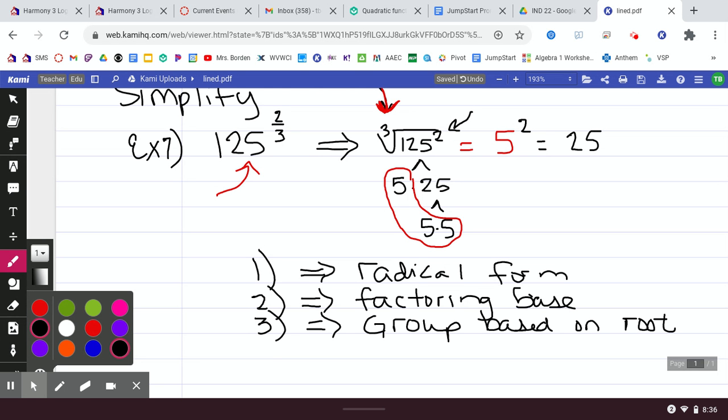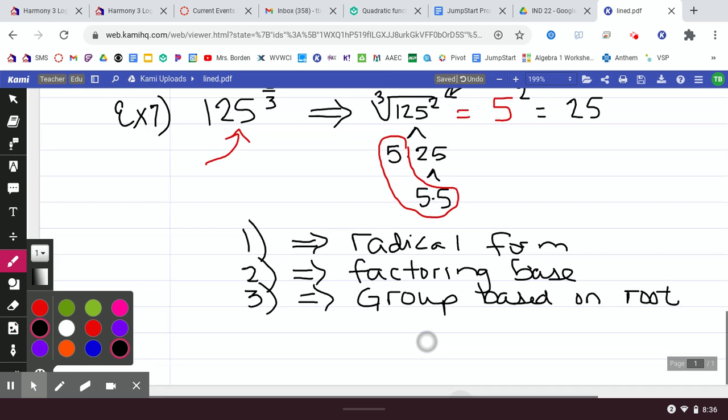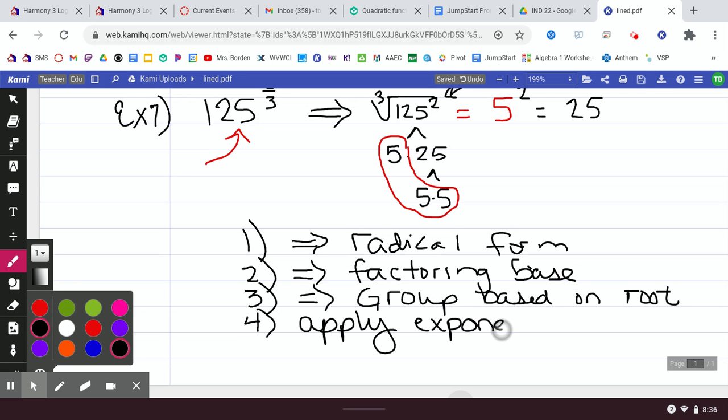The root's going to be what gives you the directions here. Turn it to radical form, factor your base, group your factors based on your root, and then step 4 is apply the exponent. That's always your last step, okay?